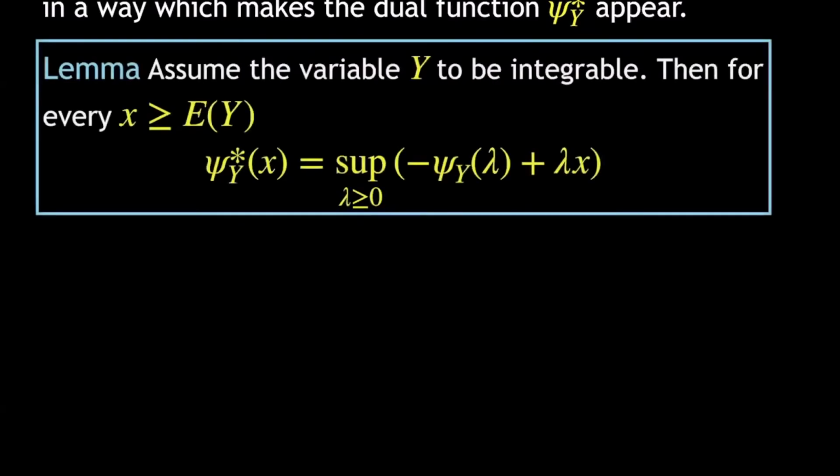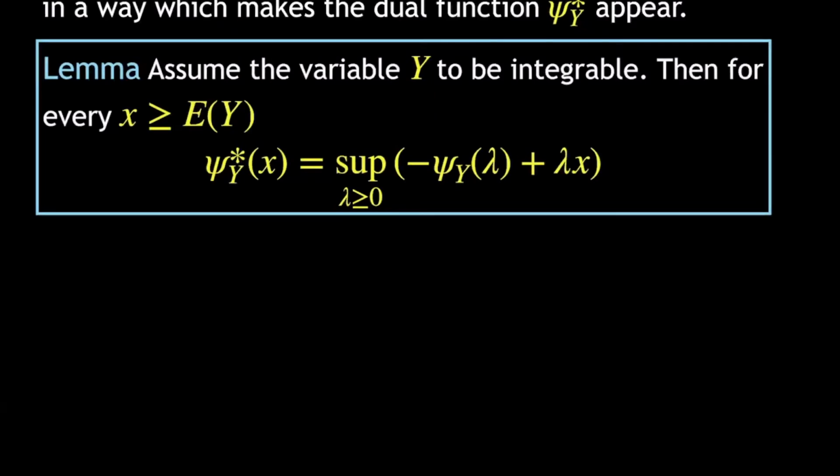So now we can rewrite Chernoff's inequality, as I have announced, in a slightly different way, just because we can analyze closely where the supremum is achieved. So the lemma tells you the following thing.